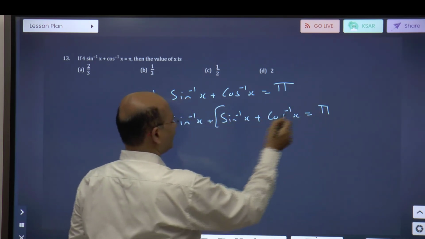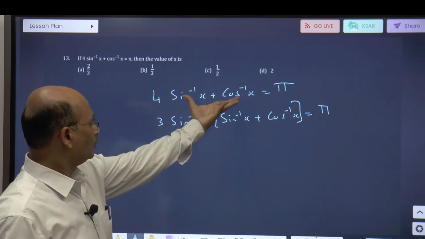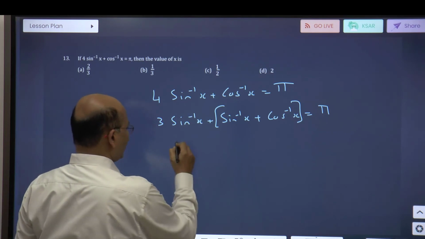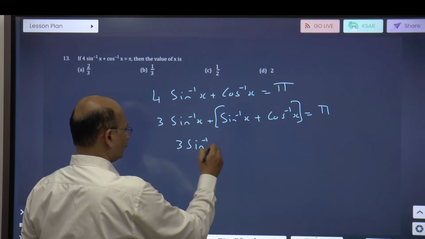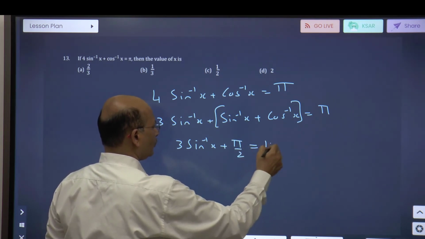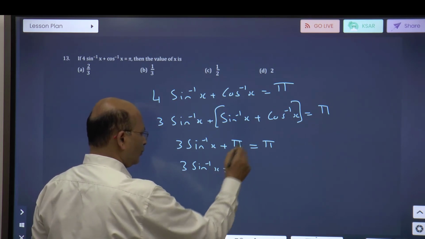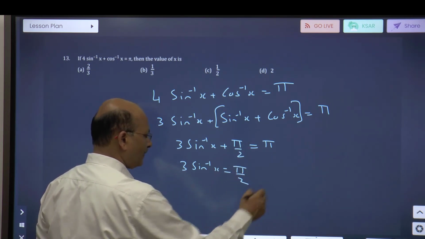Now tell me, what is this sin inverse x plus cos inverse x? Pi by 2. See my idea is to simplify this function. So it becomes this, pi by 2 is equal to pi. So the work is done, 3 sin inverse x is equal to pi minus pi by 2, which is pi by 2.